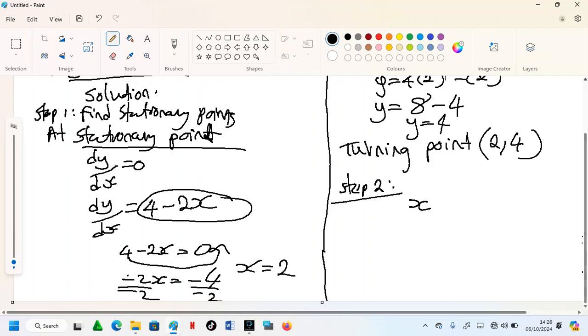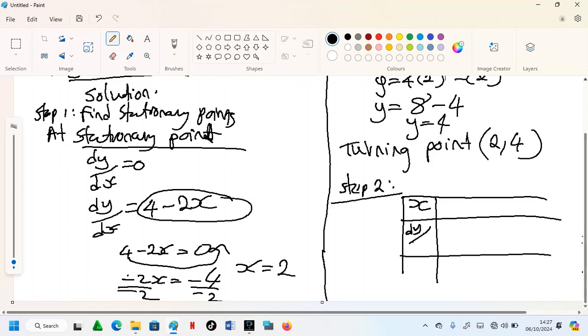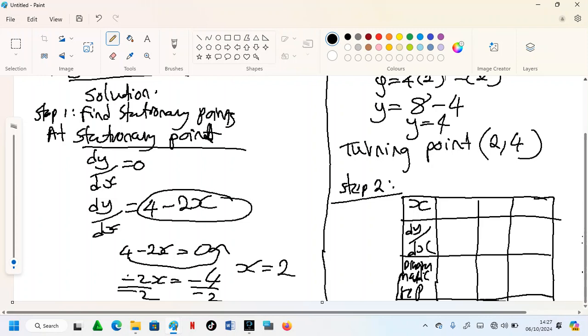In this table we are going to have x, and dy/dx, and then another row for diagrammatic representation. And I'm going to have my value of x here in the middle, and say dy/dx is 0.